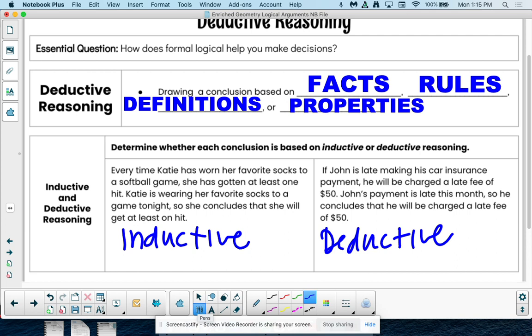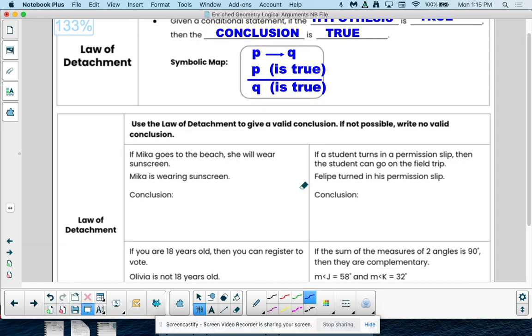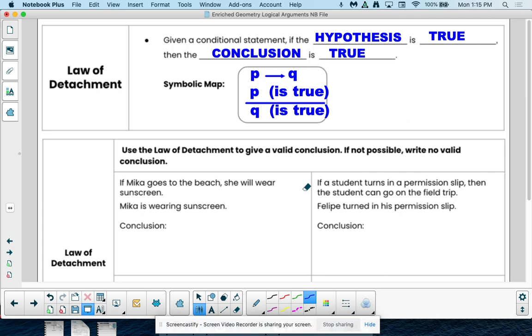Okay. So now with deductive reasoning, we have two laws. The first one is law of detachment. Law of detachment says if you're given a conditional statement, that's just an if-then statement, and the hypothesis is true, then the conclusion is true.